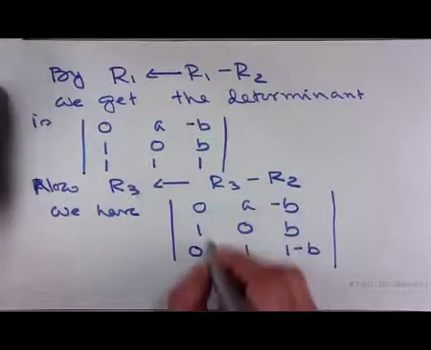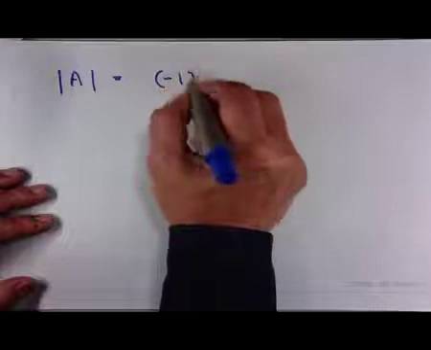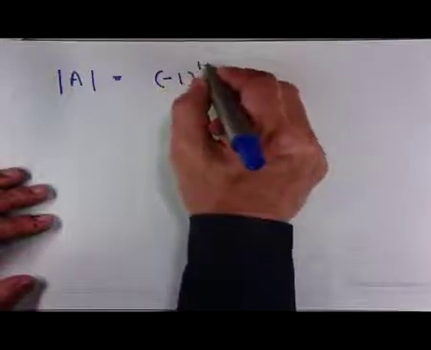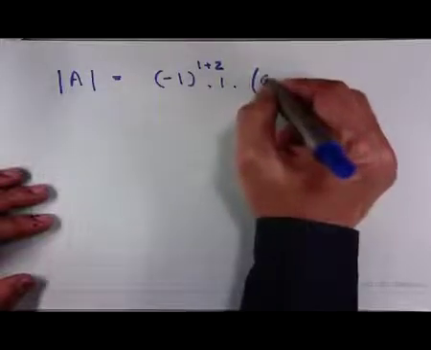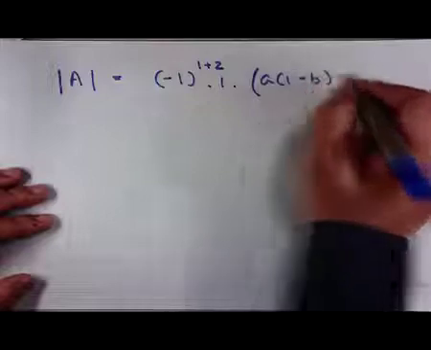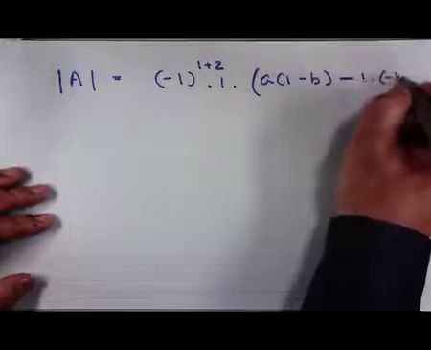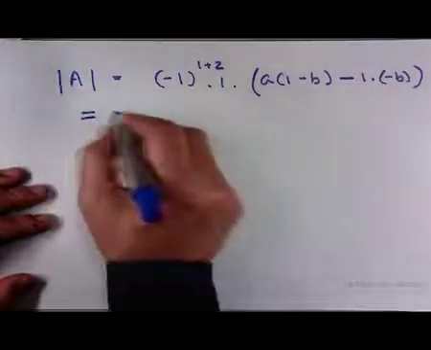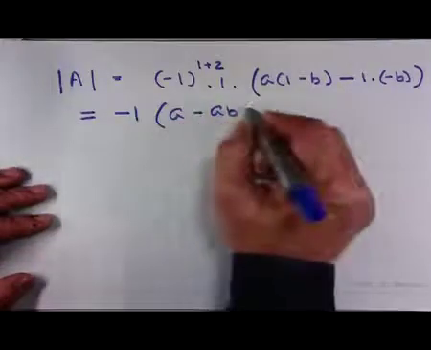Now, by expanding with the second row first column element, we get the determinant is equal to minus 1 to the power 1 plus 2 into 1 into (A(1-B) minus 1 into minus B), which is equal to minus 1 into (A minus AB plus B).